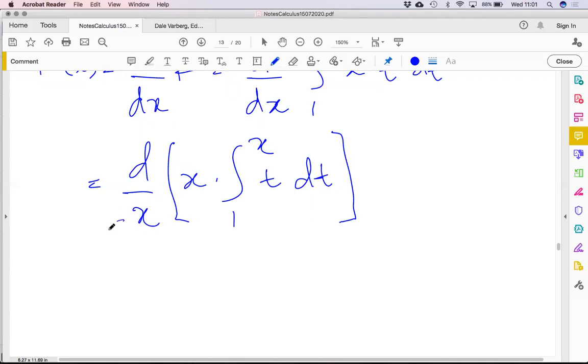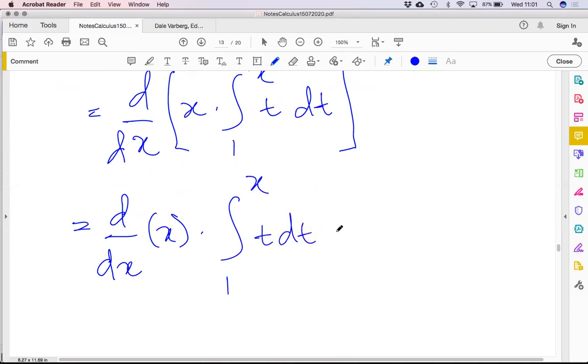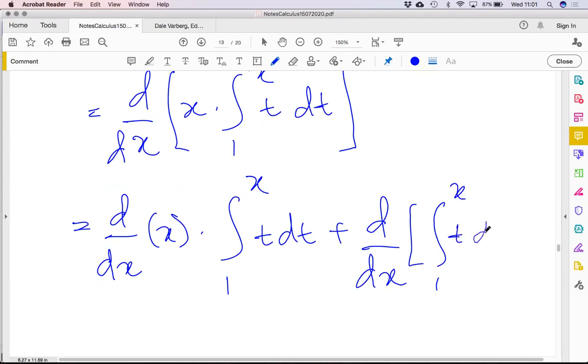So we need to apply the multiplication rule for derivatives, which is d/dx of x multiplied by this function, plus d/dx of the integral from 1 until x of t dt multiplied by x.